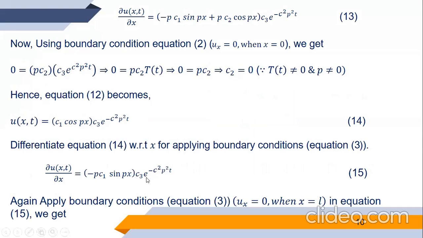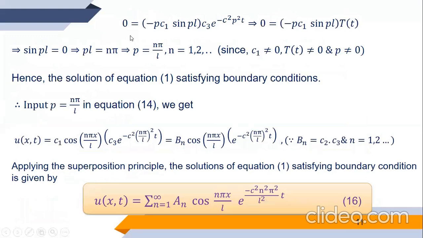Now in 15 we apply the boundary condition ux is equal to 0 when x is equal to l. So we write 0 is equal to minus pc1 sin pl c3 e raised to minus c square p square t. So this term is T of t, so minus pc1 sin pl. Obviously T of t not equal to 0.